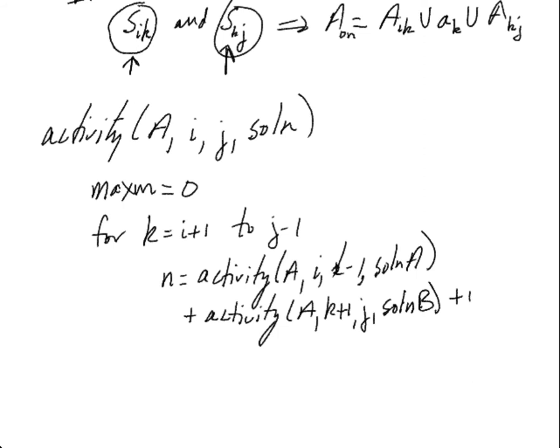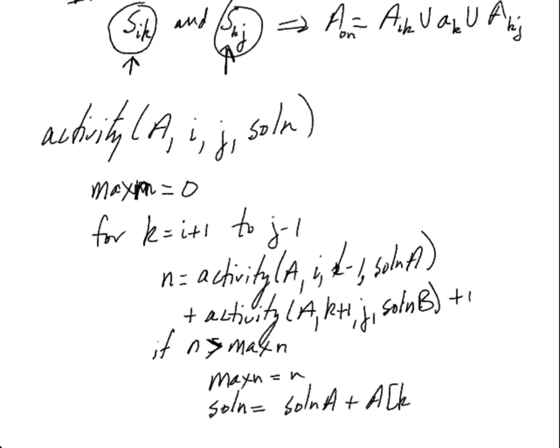Now, if n is greater than max n, actually we wanted to do max n here, then we'll set the new best solution to n, and the solution is going to be the solution of the left subproblem plus the activity we found plus the solution to the right subproblem.